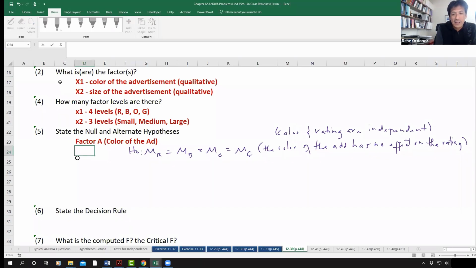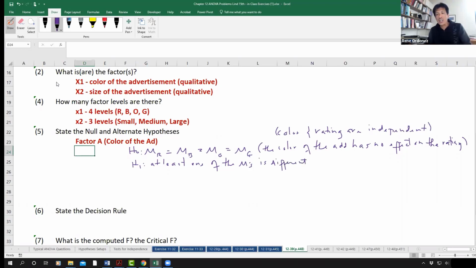The alternate hypothesis will be written this way, in the same manner as we did in the one-way ANOVA. At least one of the means is different.